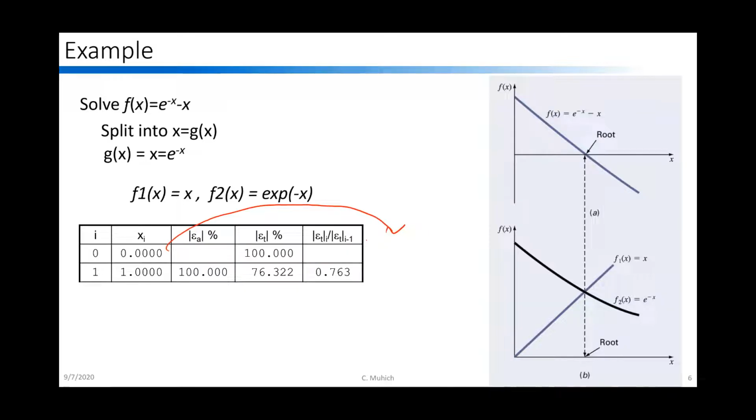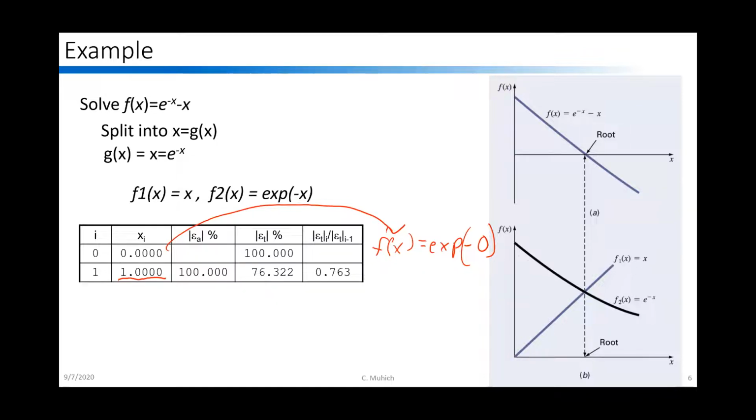The reason we're sticking it into f2 is that if we stuck it into f1, we'd have x equals x, so that's 0, and that doesn't really get us anywhere. So let's stick it into f2. f2 is going to be exp of minus 0. The exponent of 0 is 1. This becomes our new x.